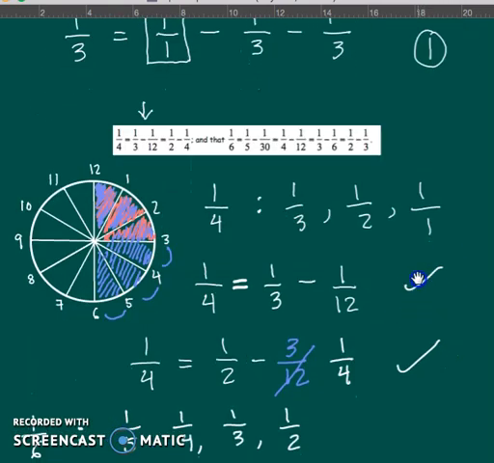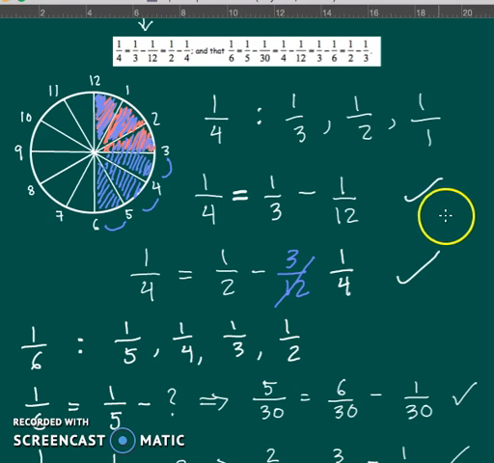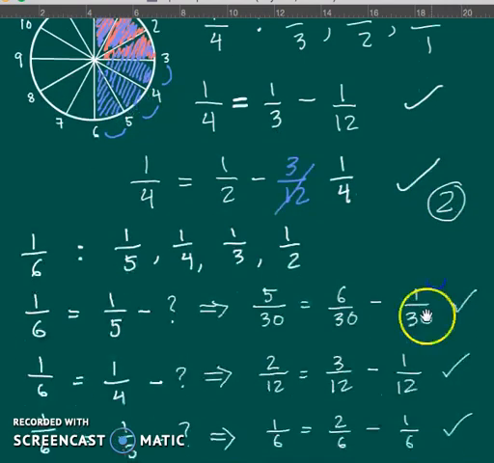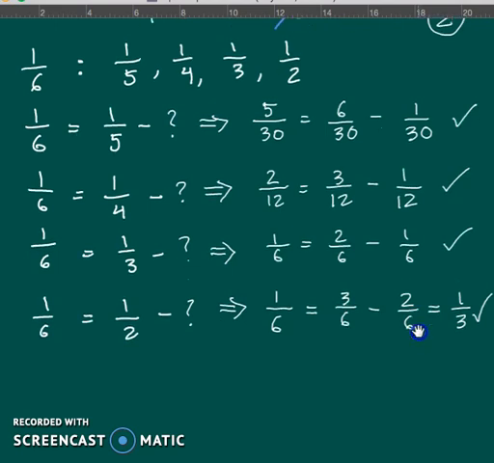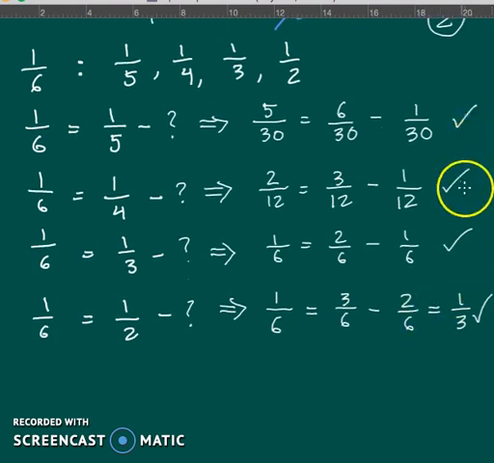When we were looking at 1/4, we found two pairs of unit fractions whose difference was 1/4. 2. When we were looking at 1/6, we found 1, 2, 3, 4 unit fractions whose difference was 1/6. 4.